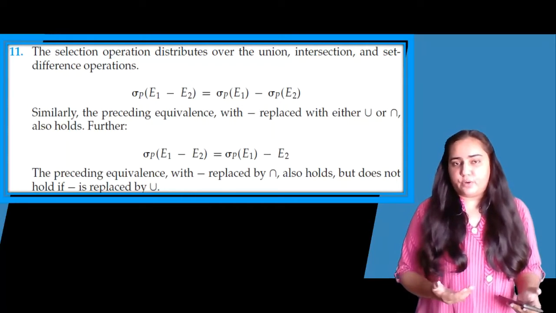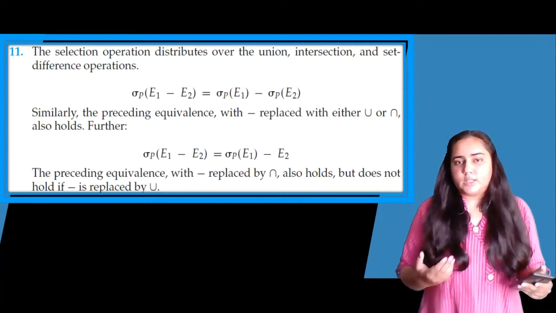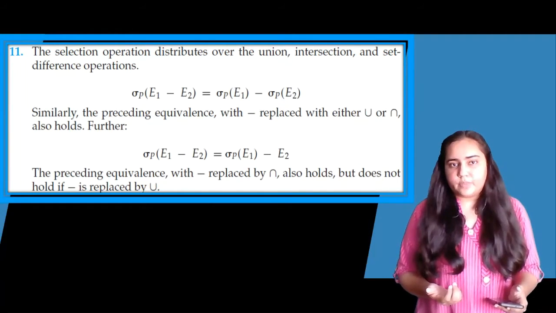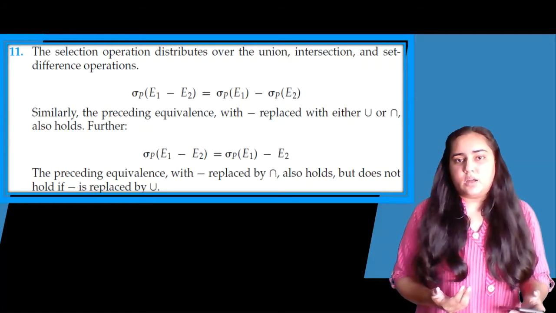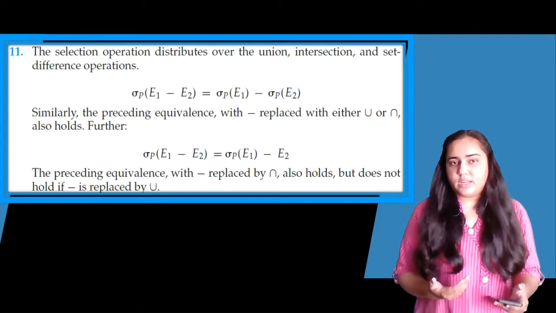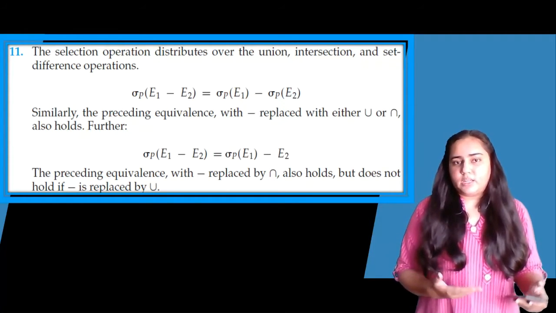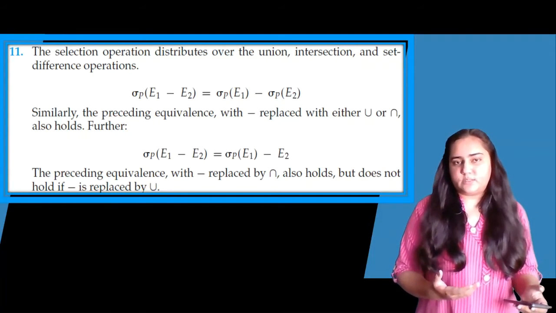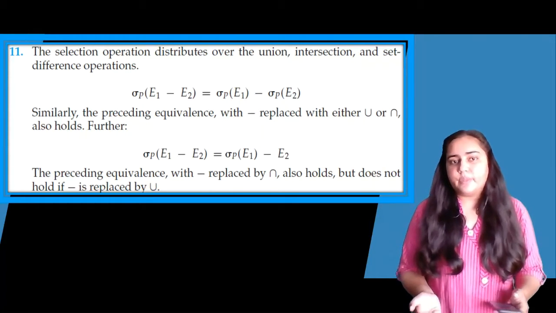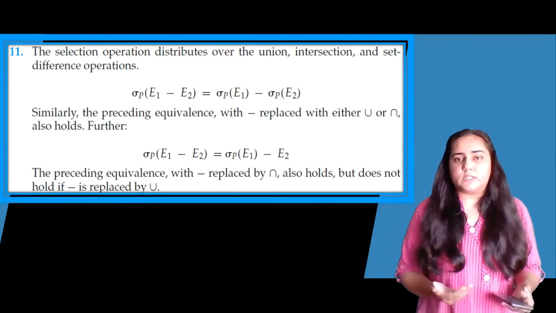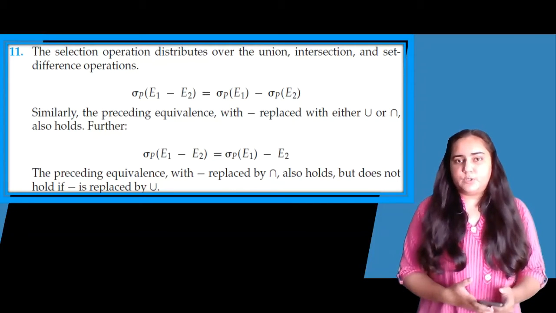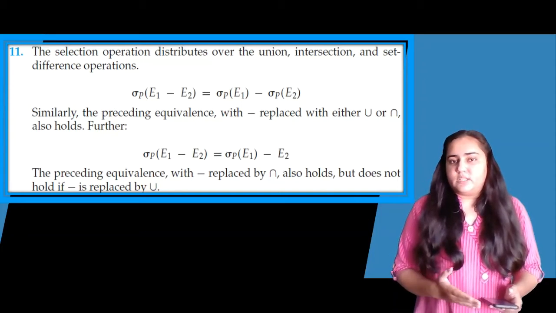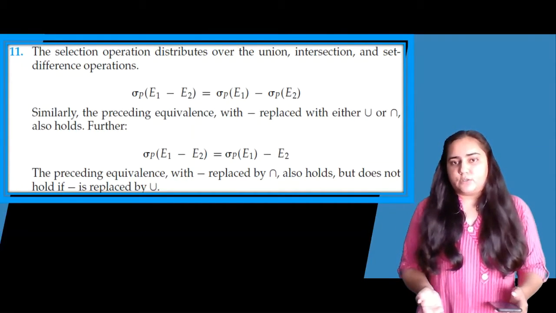It's the same as before, but this time on the right-hand side, the sigma condition has been applied only to E1 and not to E2. This can be done only if you do not have any columns of E2 present in P, which means the condition being applied on E1 minus E2 uses only the columns that are present in E1 and not in E2, which means you don't need to apply the condition on E2 at all. So in this case, you can apply it only on E1 and then subtract E2 from it.